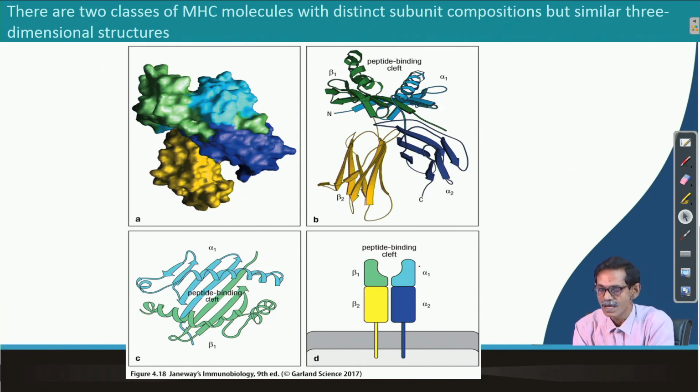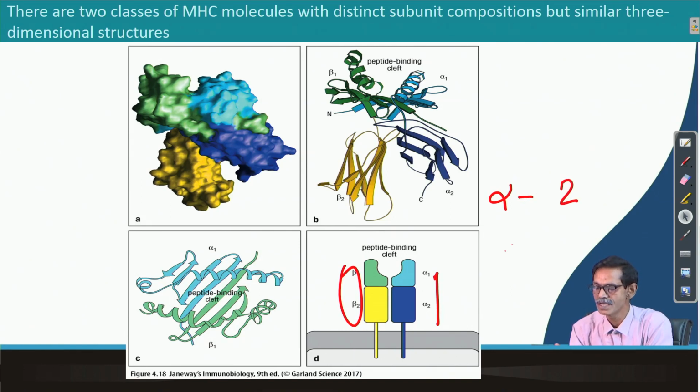If you see MHC2, then it is two polypeptide chains. One is alpha and another one is beta. Alpha also has two domains and the beta chain also has two domains.